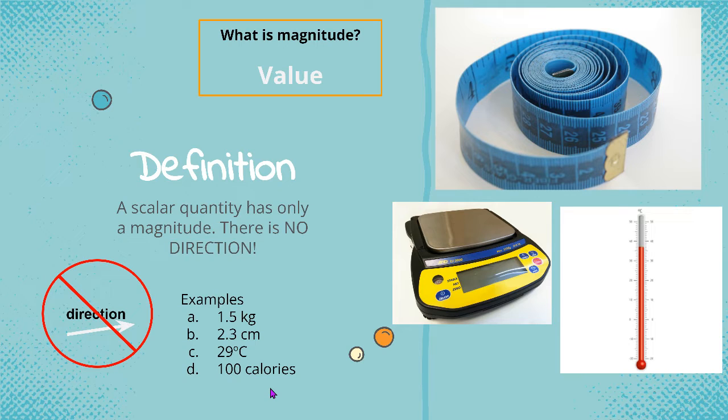They give us magnitude, but we do not have direction. Are there any questions about that? And then in just a second, we'll look at vectors and how vector quantities differ from scalar quantities.